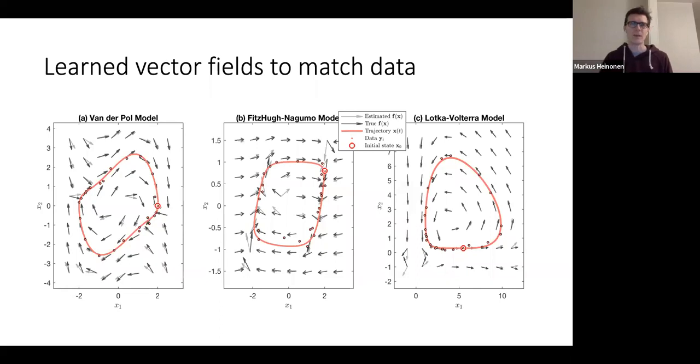But as we go away from the data, the estimation of the vector field gets quite a lot more erroneous, which is quite natural, because obviously we cannot estimate things that we have no data from. So estimating the vector field is always somewhat of a local problem. So finding the global dynamics is likely impossible.